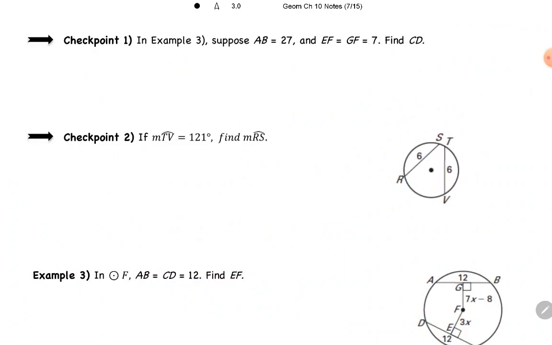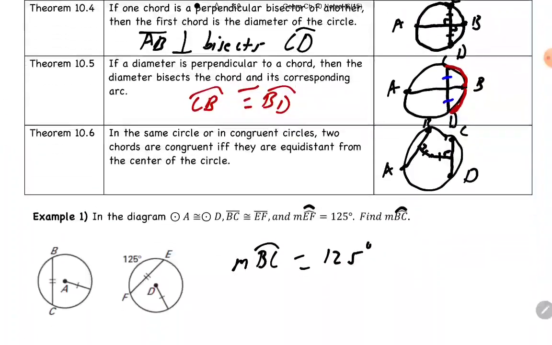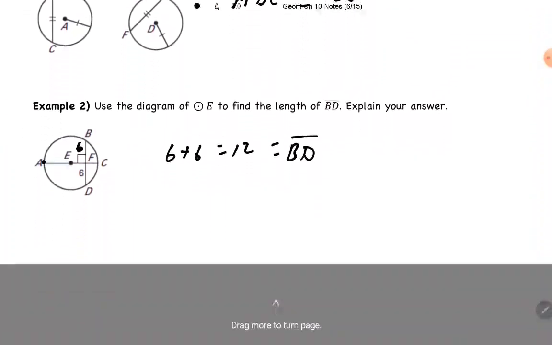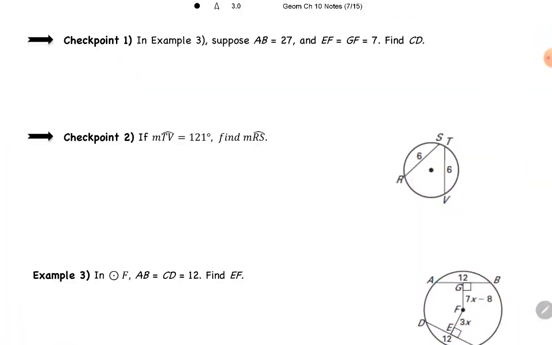Okay, checkpoint 1. In example 3, suppose AB equals 27, EF. Did I miss something here? That's odd.